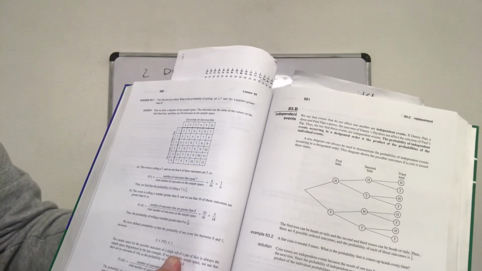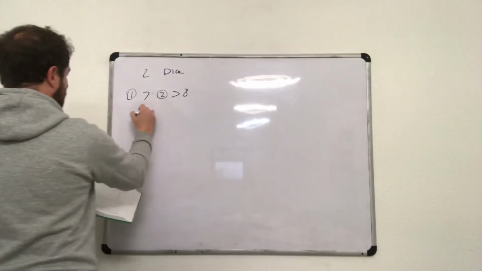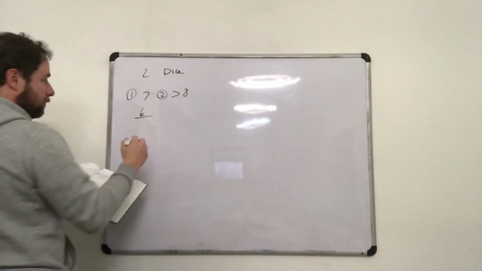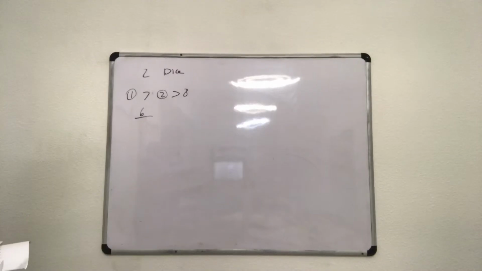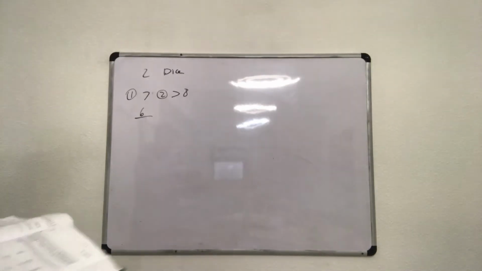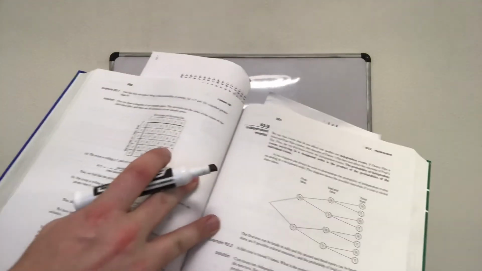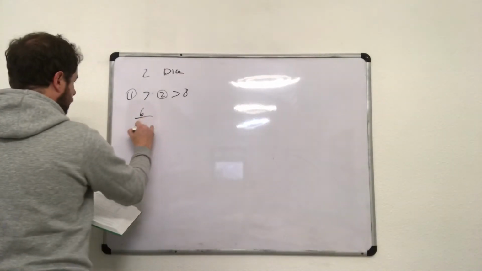Well, you've got to go to this chart right here, and if you'll notice, there are 1, 2, 3, 4, 5, 6 possibilities of a 7 divided by the possible number of outcomes. So 6 divided by 36, total outcomes.